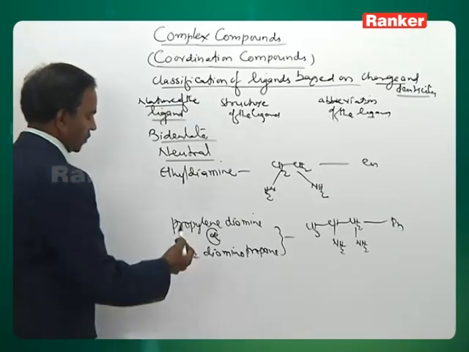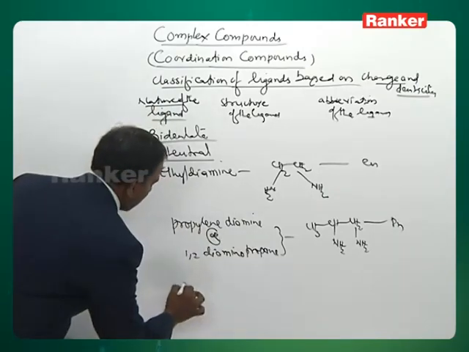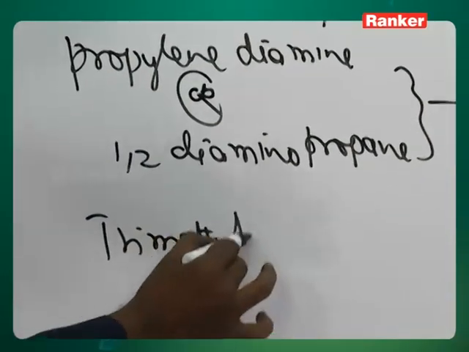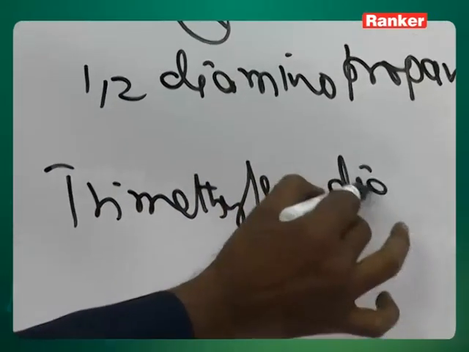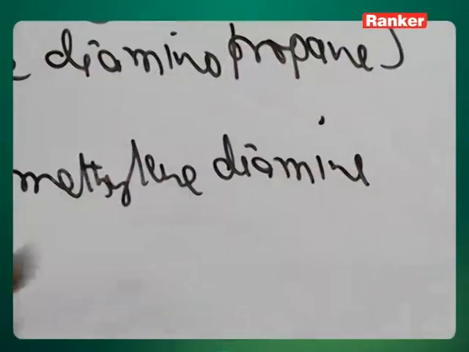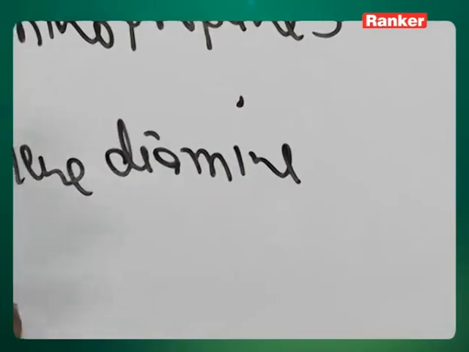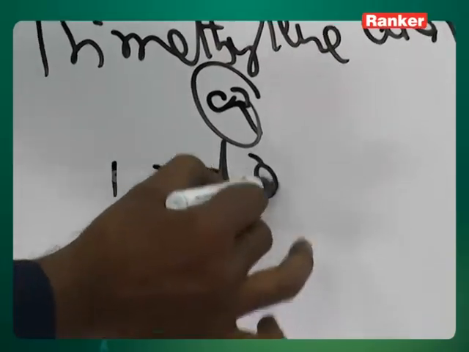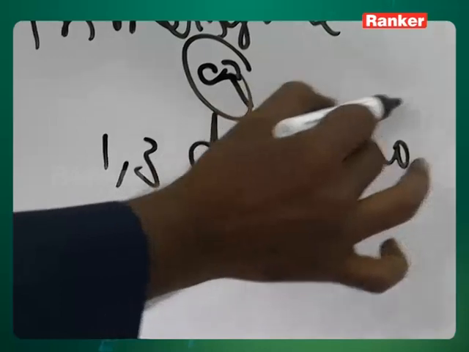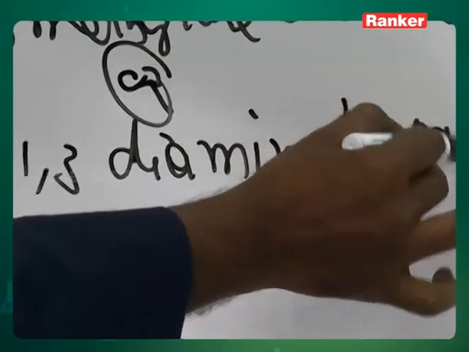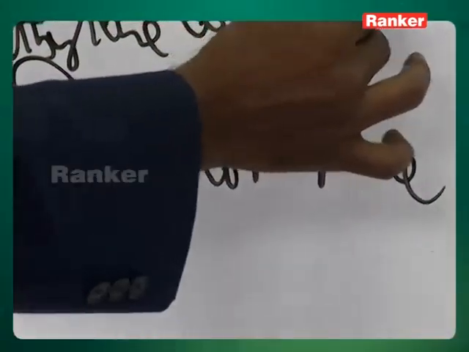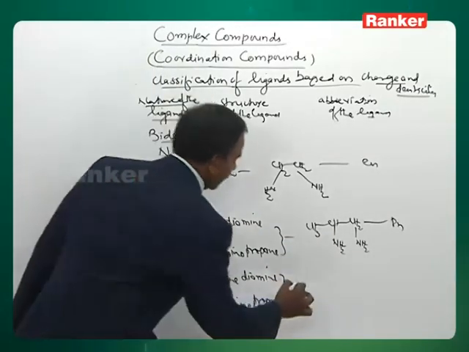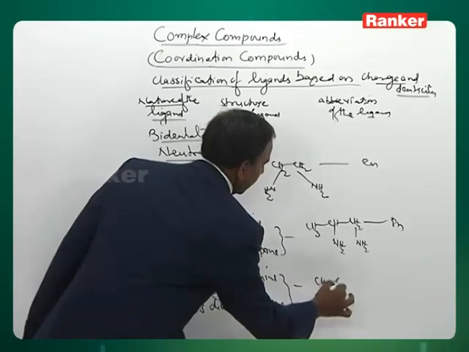Next one, trimethylene diamine. It is also known as 1,3-diaminopropane. In this, amine groups are in the 1,3 positions.